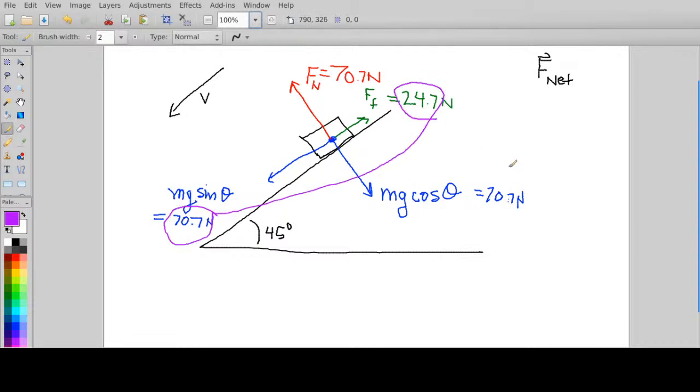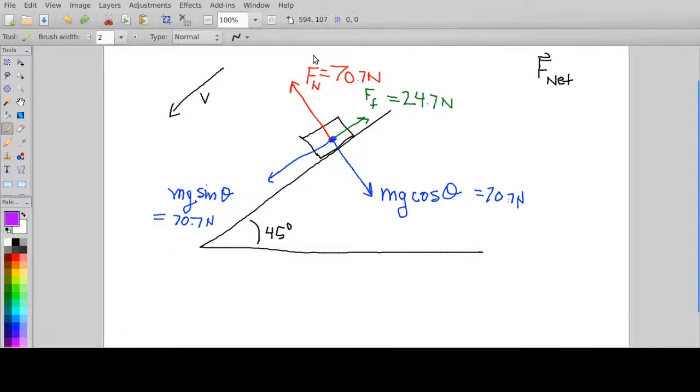It's a tug of war between the parallel component of gravity downhill, 70.7 newtons, and friction uphill, 24.7. Gravity wins, but it has to overcome friction, so the total force downhill is 70.7 minus 24.7, which is about 46.